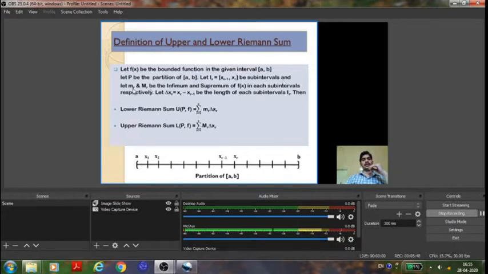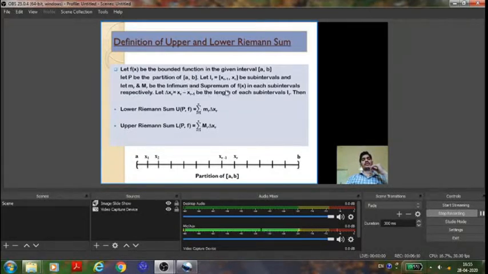And let small m r and capital M r be the infimum and supremum of the function f of x. Now what do we mean by infimum and supremum? The infimum of the function means the lower bound which is the greatest one, also called the greatest lower bound.